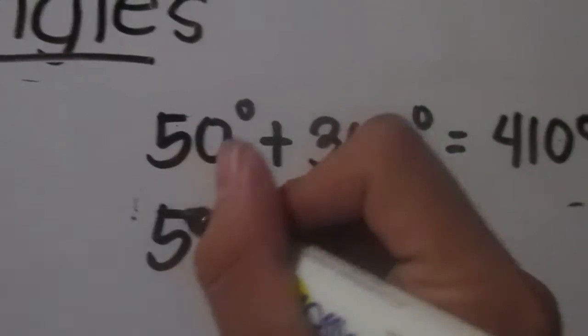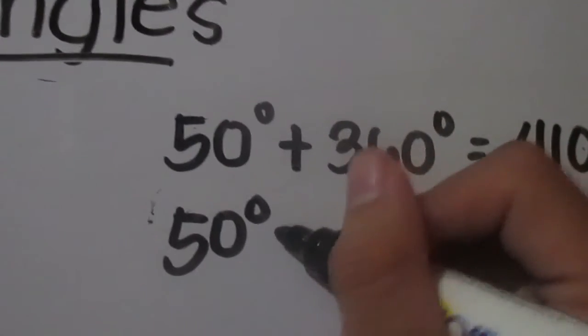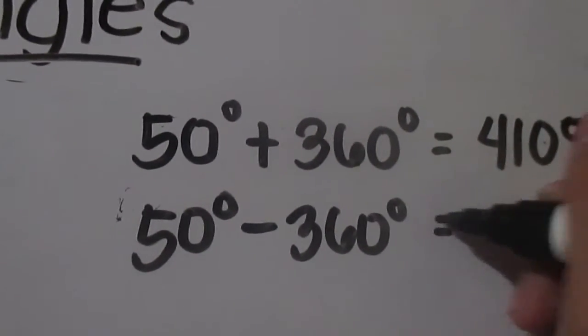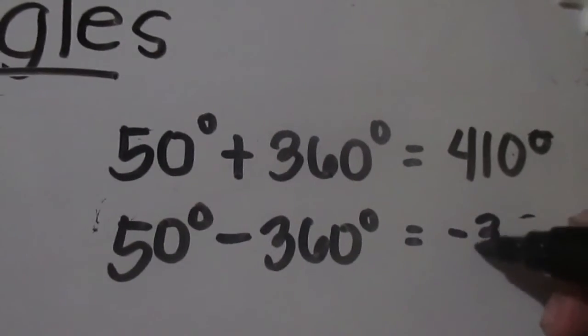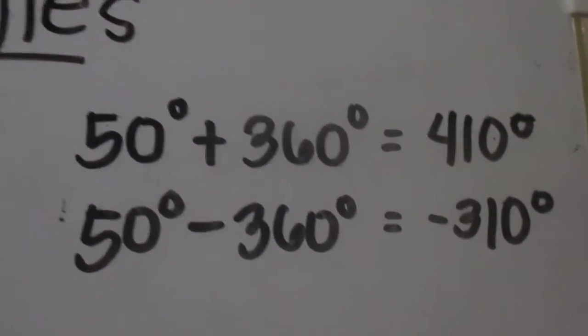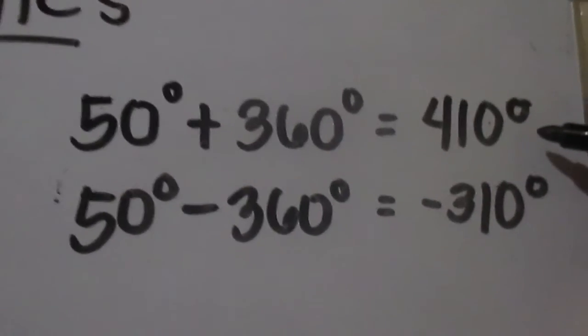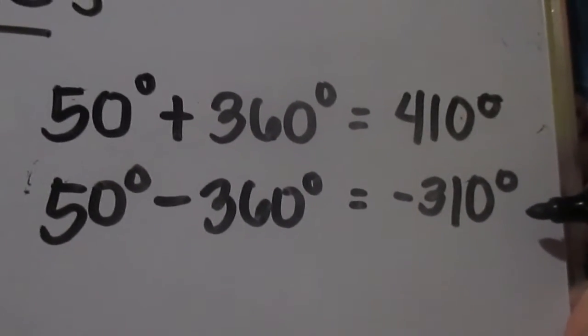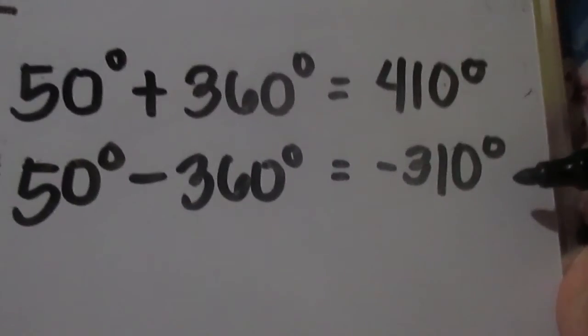And the other one, we have 50 degrees minus 360 degrees is equal to negative 310 degrees. So 410 is the positive coterminal angle and negative 310 is the negative coterminal angle of 50 degrees.